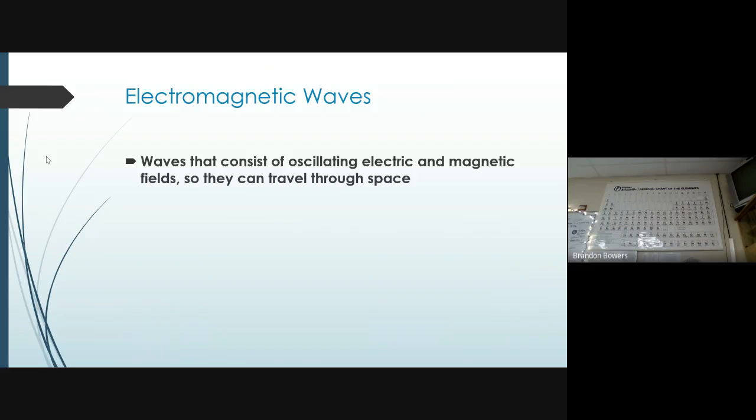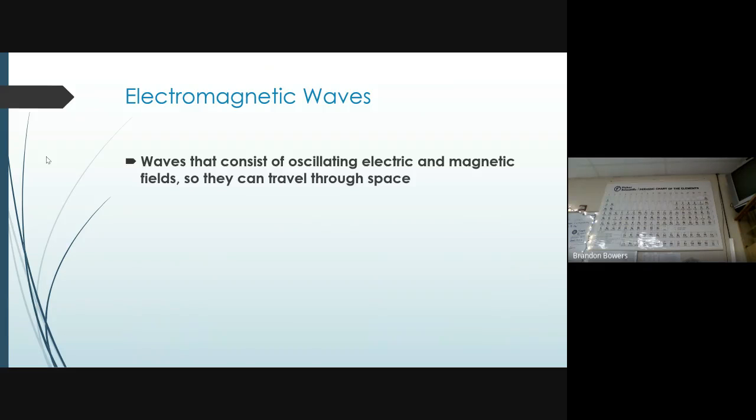Does space have a medium? It's a vacuum? You're exactly right. It's a vacuum, so it doesn't have a medium. That's why electromagnetic waves can travel through space.